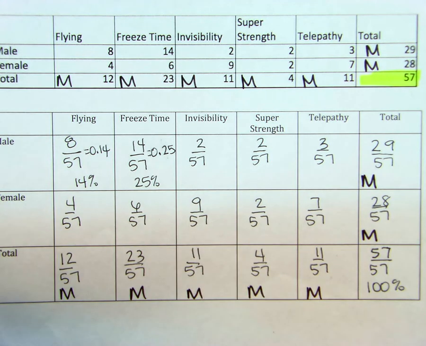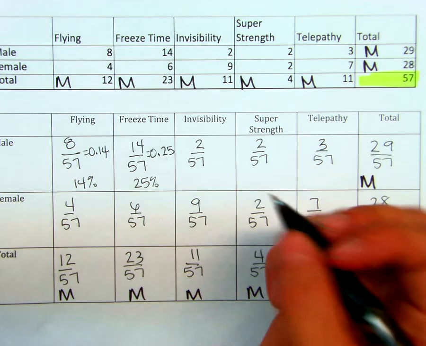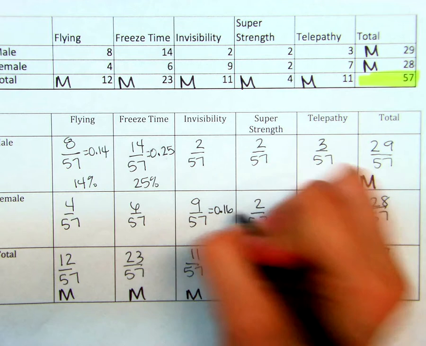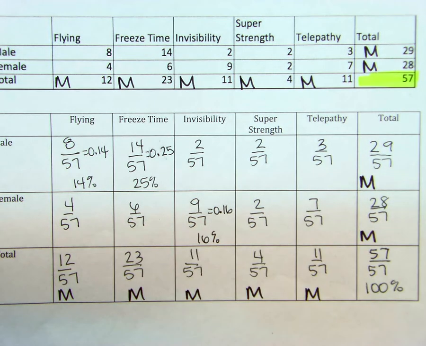What is the joint relative frequency for females who selected invisibility as their favorite superpower? So females that selected invisibility. Well, that's 9 divided by 57, which is 0.16, or 16%. Okay, so 16% of the students sampled were female and selected invisibility as their superpower.